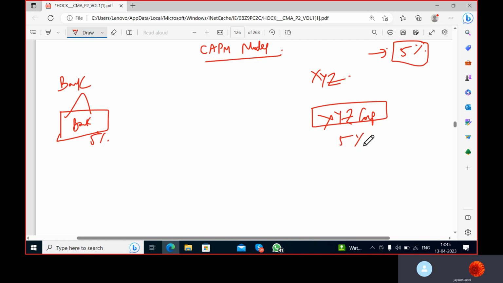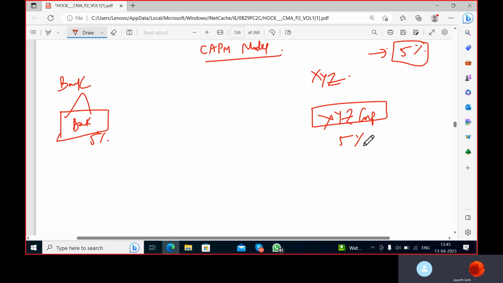Bank is giving you 5%, XYZ is giving you 5%. Which one will you prefer?